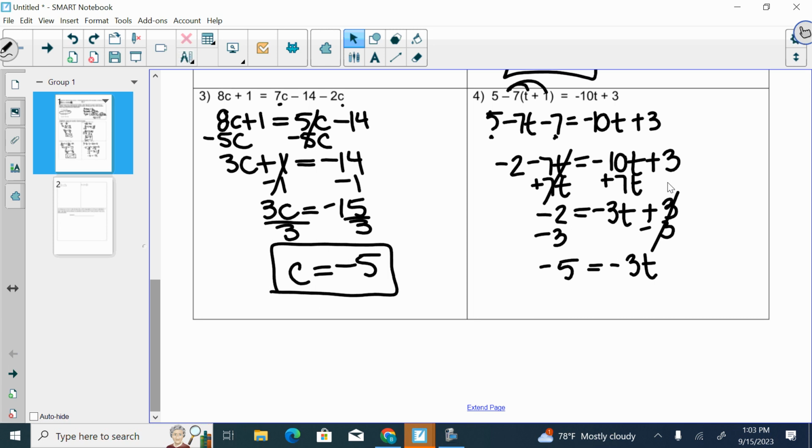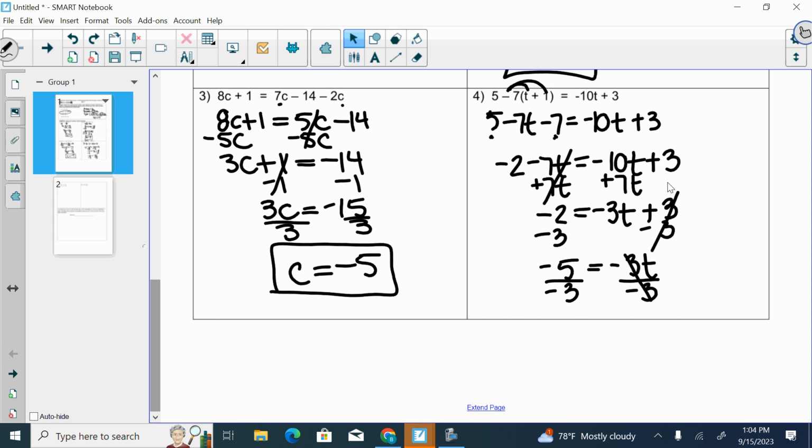Divide by negative 3. Right. I got a decimal now. We do, right? Because 5 cannot be divided evenly by 3. Two negatives do make a what, though? Positive. A positive, right? If you get a decimal that isn't nice and neat, like 0.5 or 0.75, we typically want to leave it as a fraction. So if you get a decimal and press math enter, your calculator will turn it back into the simplified fraction.